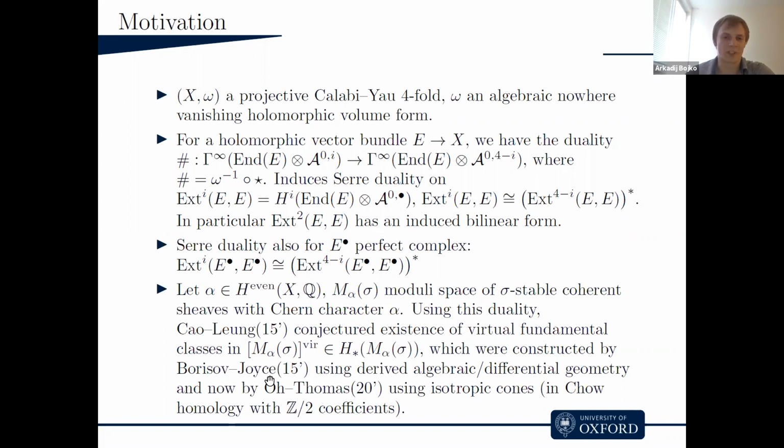Later on, this hasn't come out yet, it's just a draft for now, but Richard Thomas and his postdoc have been working on expressing this virtual fundamental class in terms of algebraic geometric arguments using isotropic cones, but it still relies on some derived algebraic results from Joyce et al.